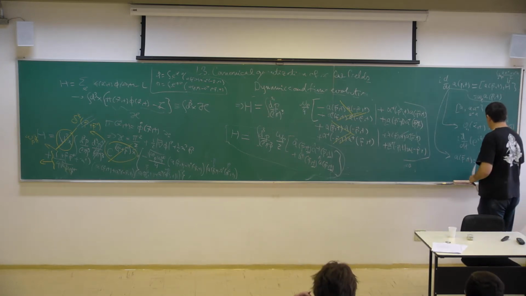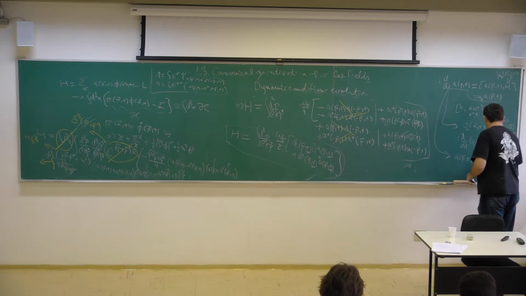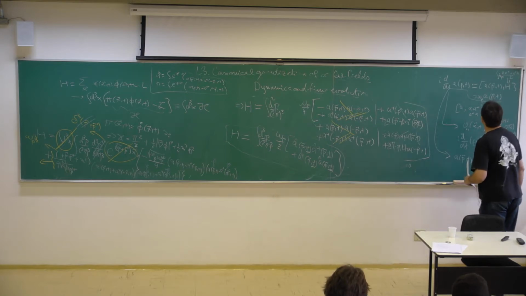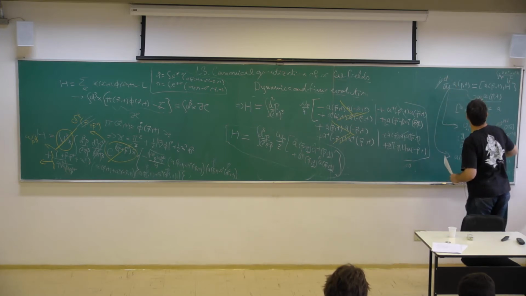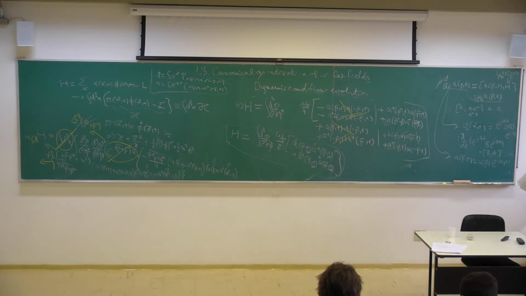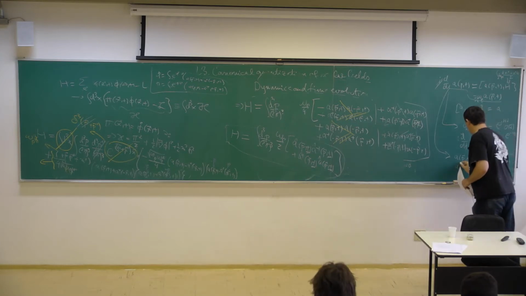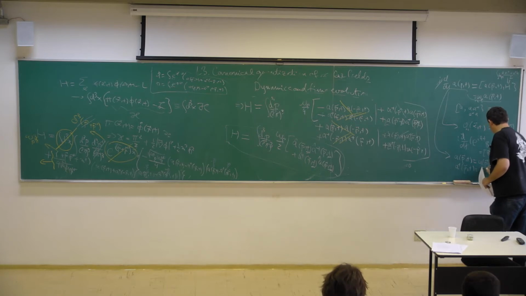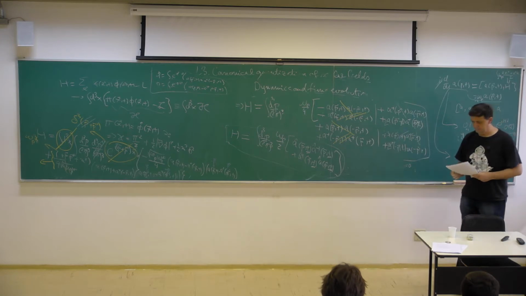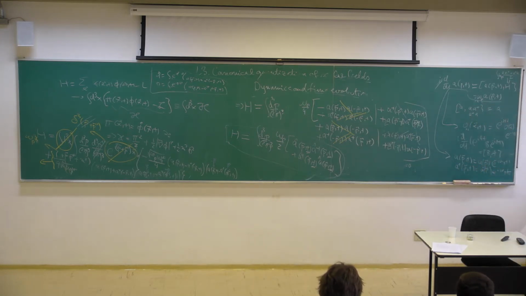So I can already say that the result is A of P, e to the minus i omega p t, right? Because I can put this minus i in here, right? So I get this, and then A dagger of P e to the i omega p t. Okay? Good.